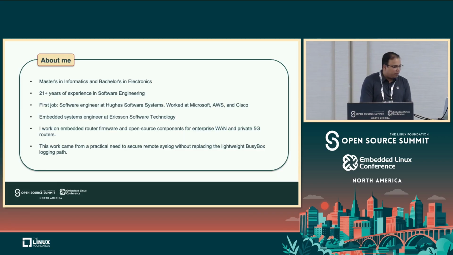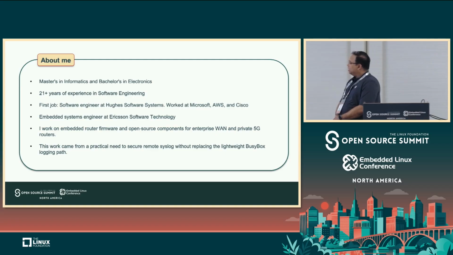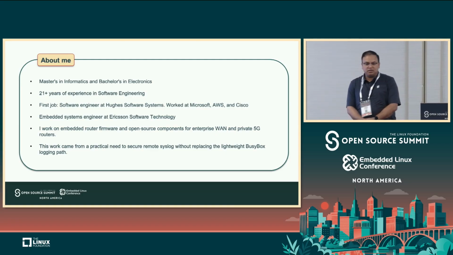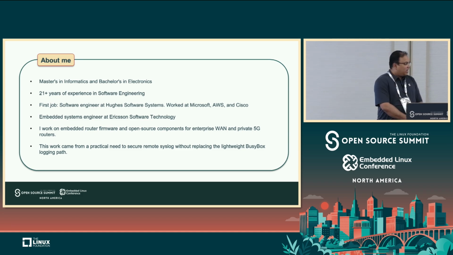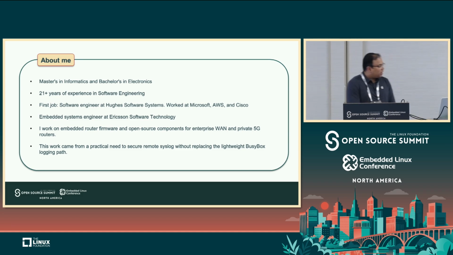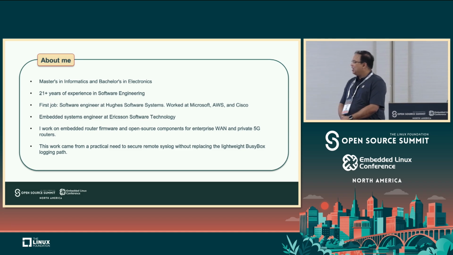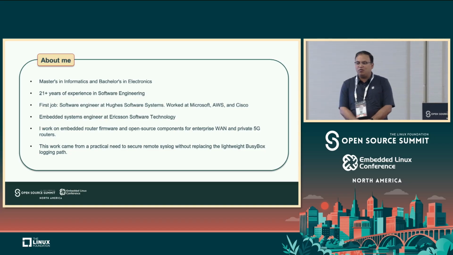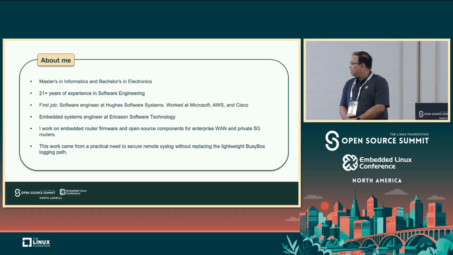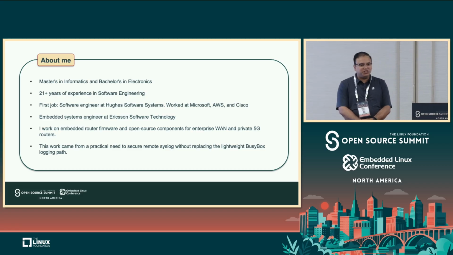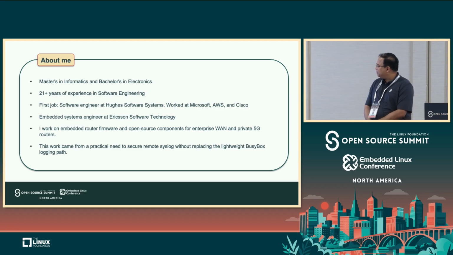So this is about me. I have a master's degree in informatics and electronics, and some experience in software engineering. My first job was at Hughes Software Systems, and I have worked across industries like Microsoft, Amazon, and Cisco. Currently, I'm an embedded systems engineer at Ericsson Software Technology.